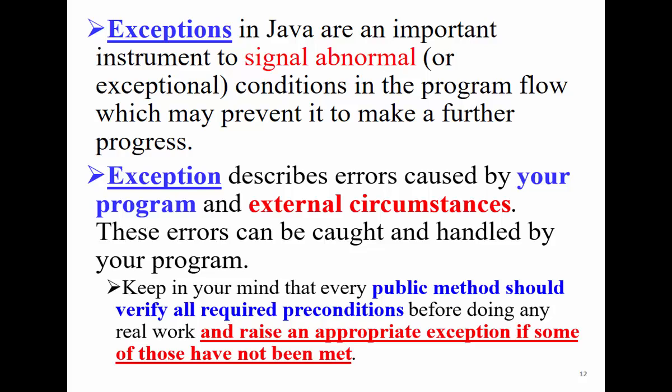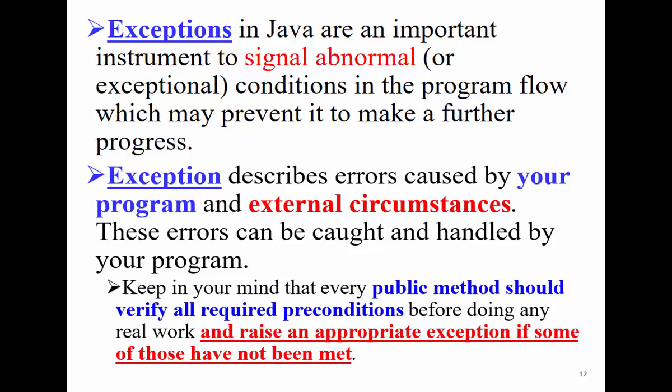So you have to keep in mind every public method should verify all the required preconditions before doing any computation. If you say that for this method I'm receiving only a positive integer, and once I have a positive integer I do the computation, you have to make sure that you receive a positive integer. Otherwise, you will run into unexpected exceptions.